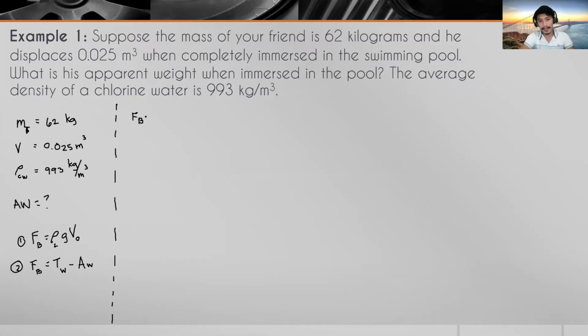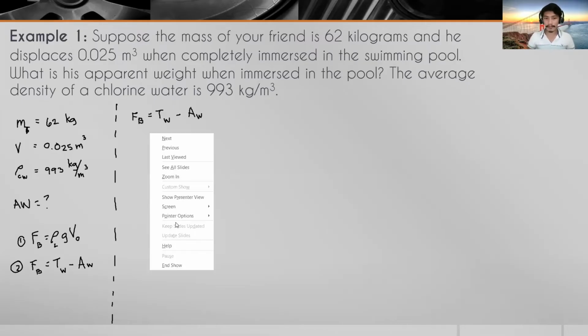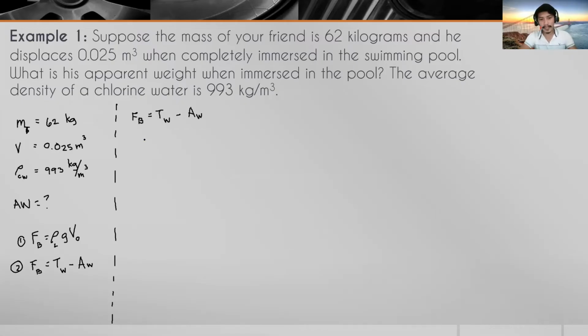Buoyant force, FB, is equal to true weight minus apparent weight. Take note, when we talk about true weight, that's the weight of our object on air. Apparent weight is the weight of our object when immersed in a particular fluid. Take note of that, ha? So i-manipulate muna natin ang equation natin.